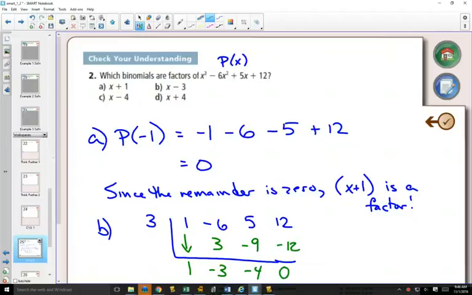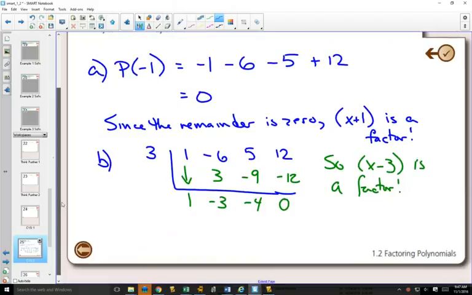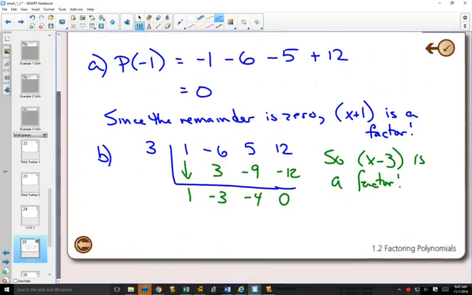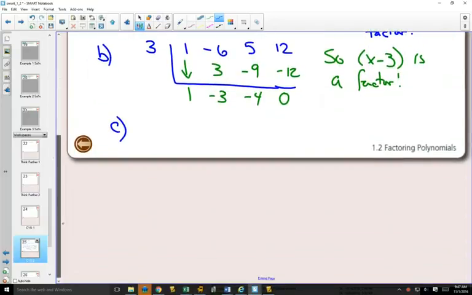And once again, we get a remainder of 0. So we know that x minus 3 is a factor as well. In C, we are checking x minus 4.